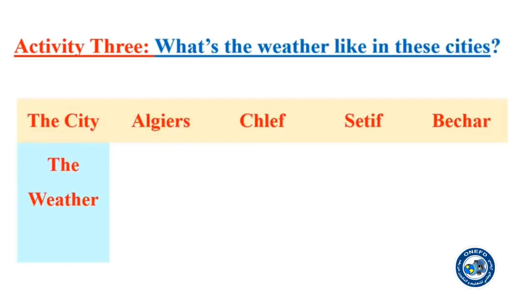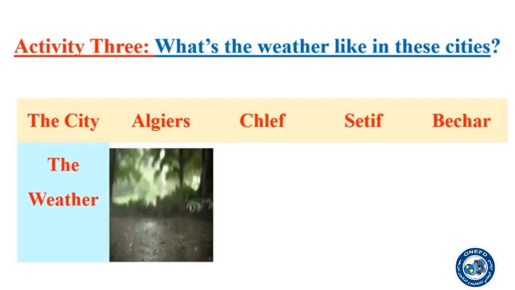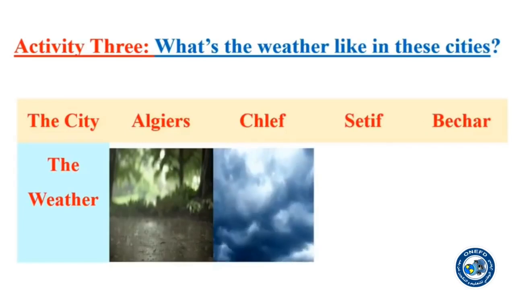We have 4 Algerian cities. Number 1, Algiers, the capital city, Chlef, Sétif, and Béchar. So, as you can see, dear pupils, this is the weather in Algiers, in photo 1, and also in Chlef.